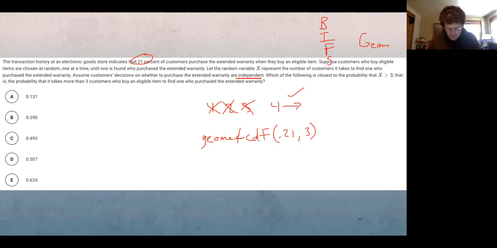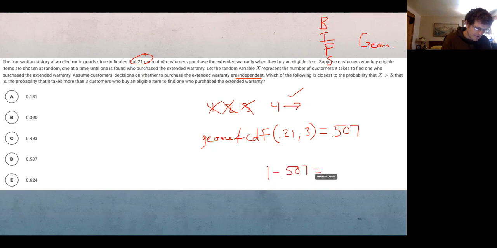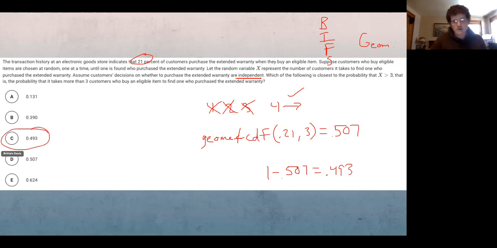If I do that, 0.21 and 3, there's a 0.507 probability that one of the first 3 customers will buy one. Now I don't want that, so the complement of that, 1 minus that, is going to put me at about 0.493. So there it is. There's the answer.